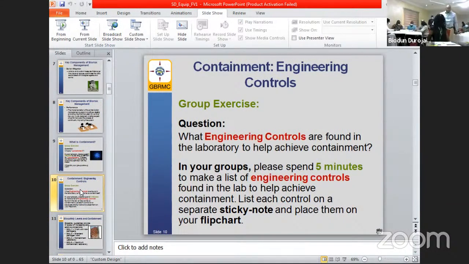Emergency shower. Okay. So explain to us how that works. To achieve containment in case you are exposed. So how will the emergency shower now help us to achieve containment?